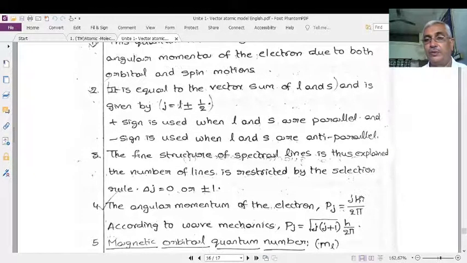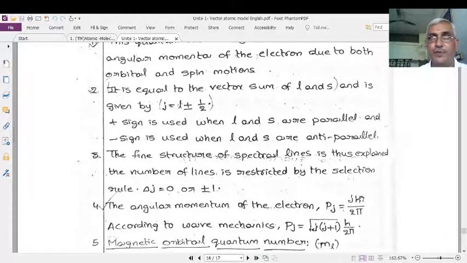Thus, these are the four basic quantum numbers that will give the address, or describe the location, of the electron when it is rotating around the nucleus, either in a circular orbit or an elliptical orbit.